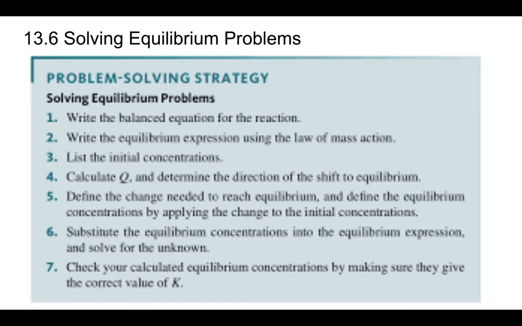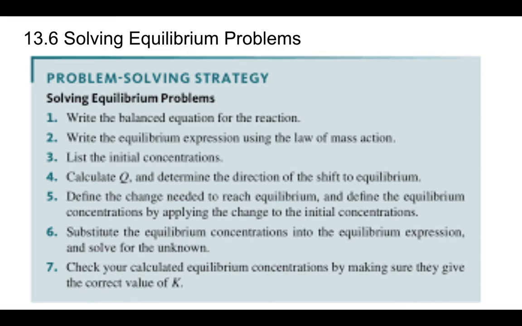So, our basic problem solving strategy is we start with a balanced equation. We write our equilibrium expression using the law of mass action, K equals products over reactants. We list our initial concentrations. We plug them into Q, solve for Q, and determine if Q is too small or too large and which direction we need to shift.